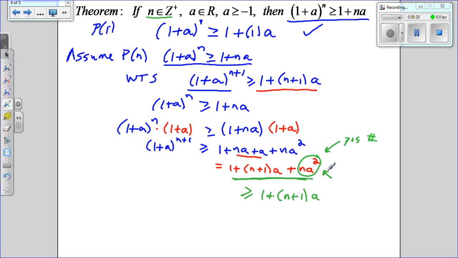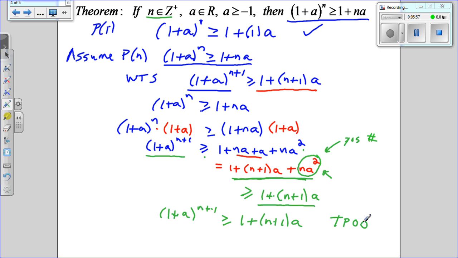We threw it away. I use that phrase because you're going to see it again in the last theorem. So now look, this is greater than or equal to this, which is greater than or equal to this. Can't we then say that (1 plus a) to the n plus 1 power is greater than or equal to 1 plus the quantity n plus 1 times a by the transitive property of order?